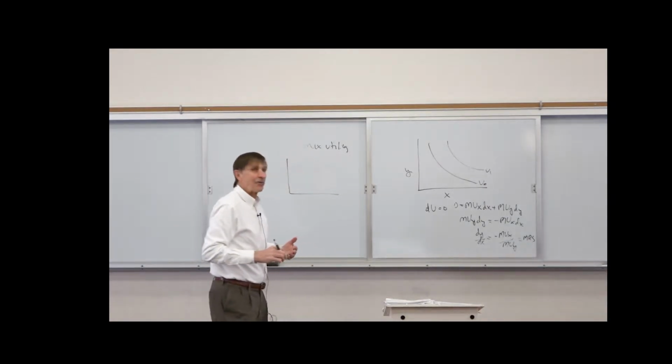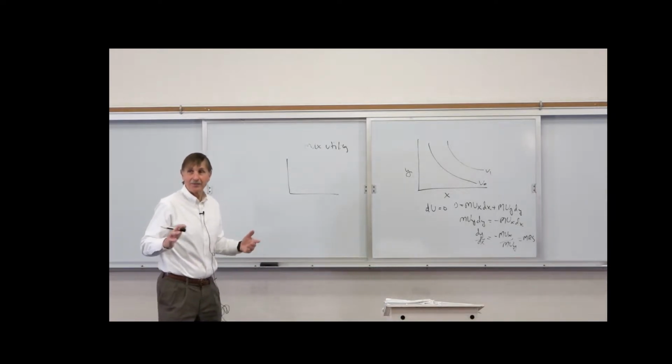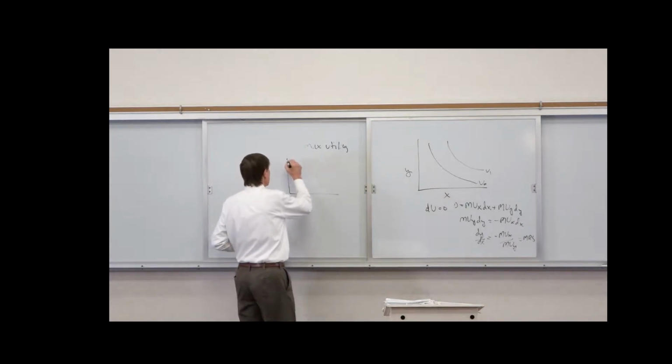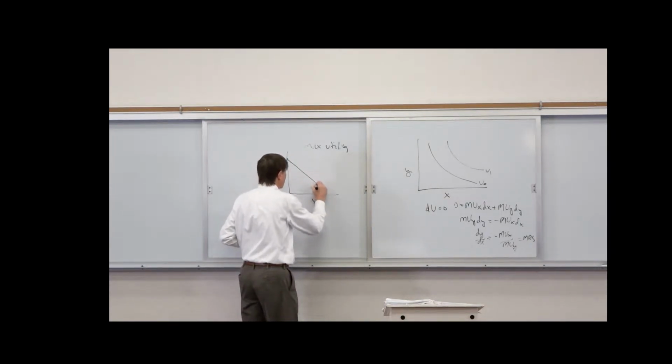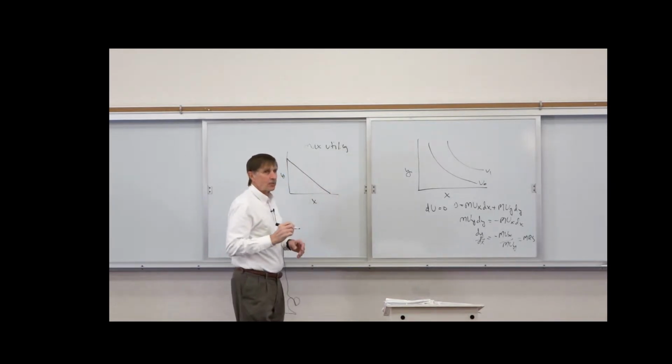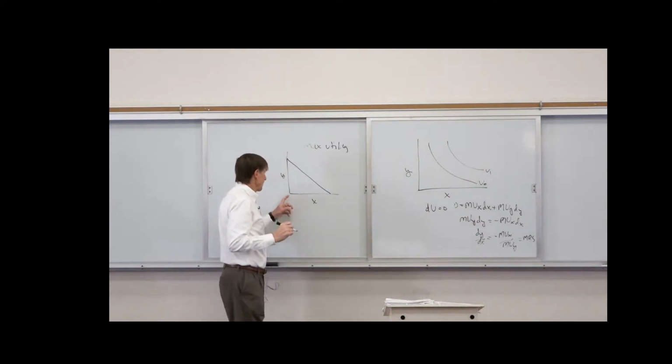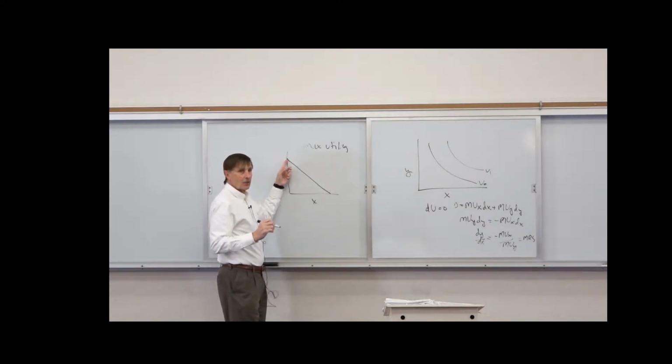But anyway, for most of us, we don't have that kind of money, so we have a budget constraint. So if we were to draw a picture of the budget constraint, we'd ask how much Y can you buy if you spend all your money on Y, and how much X can you buy if you spend all your money on X?